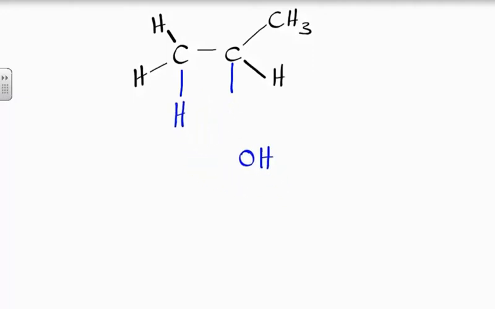So the hydrogen might end up on the first carbon and the OH on the second carbon. So this will happen when we've got an unsymmetrical alkene such as propene. So this is going to give us two different products.